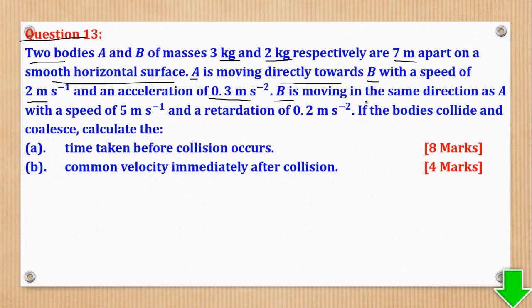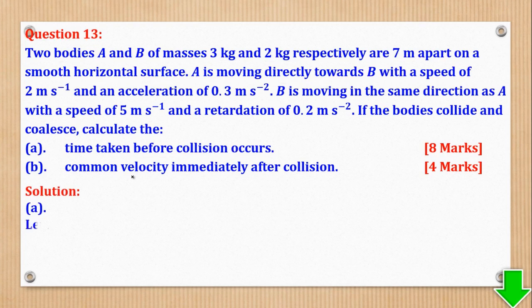B is moving in the same direction as A with a speed of 5 meters per second and a retardation of, now this is the retardation, 0.2. If the bodies collide and coalesce, calculate Roman 1 the time taken before collision occurs, and Roman 2 the common velocity immediately after collision.